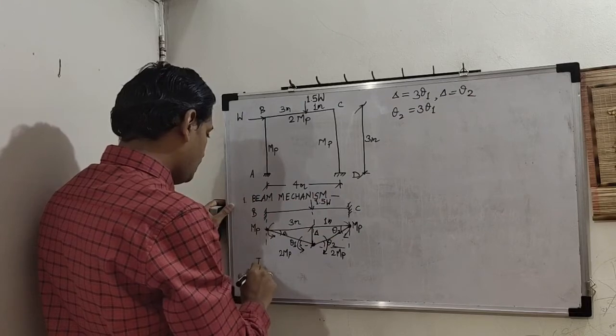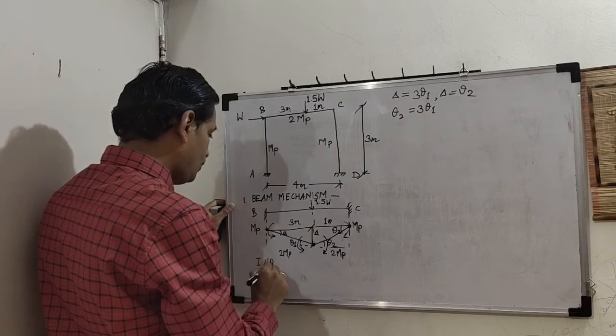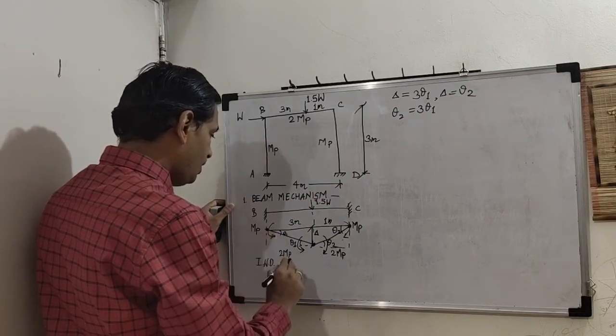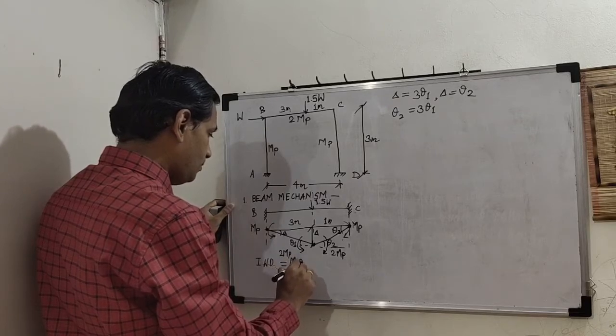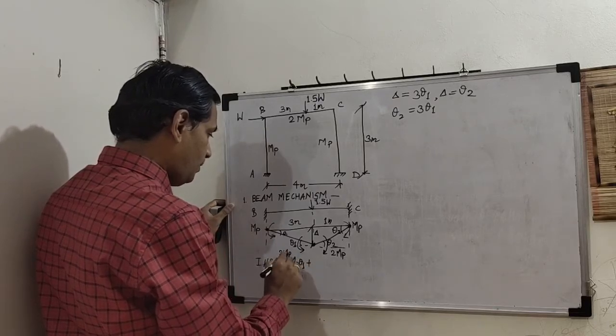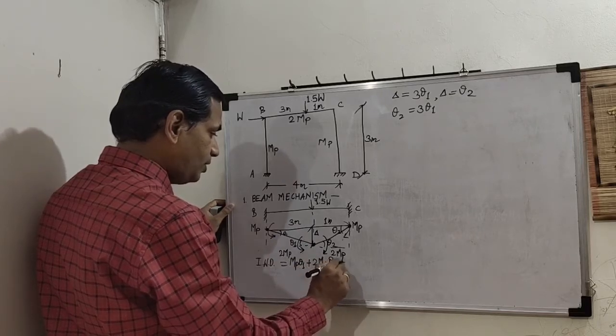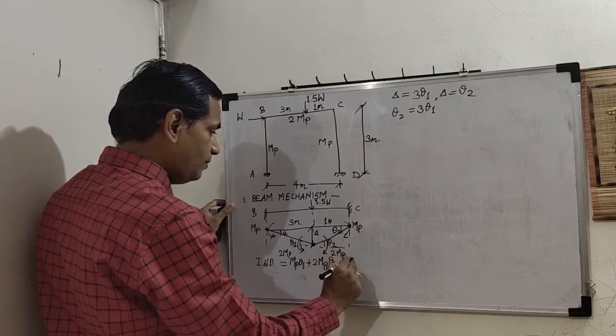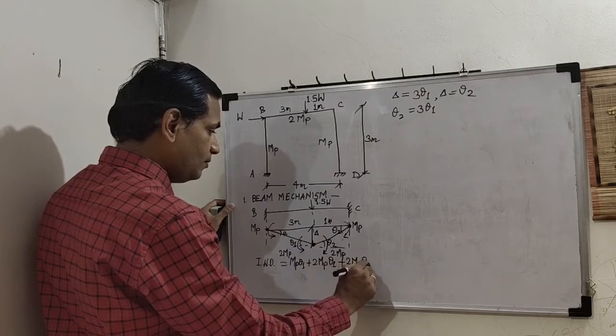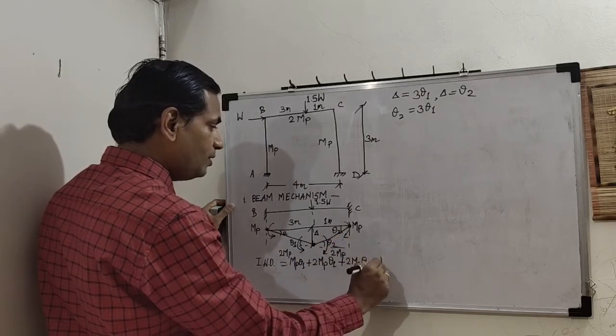Now internal work done. What is internal work done? MP into theta 1 plus 2 MP into theta 1 plus 2 MP into theta 2 and plus MP into theta 2.